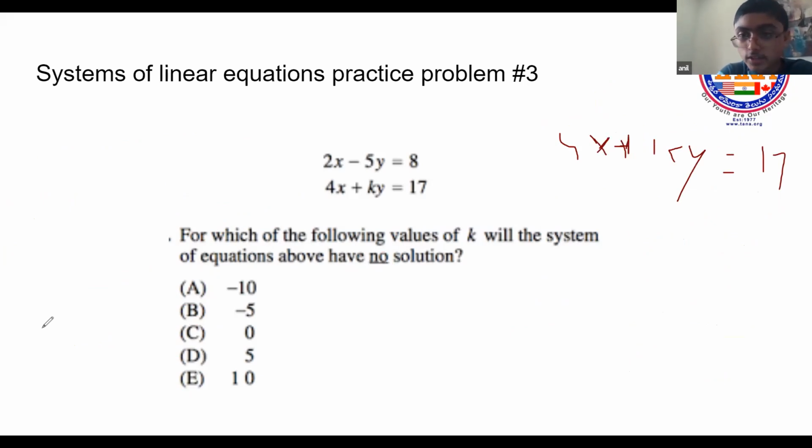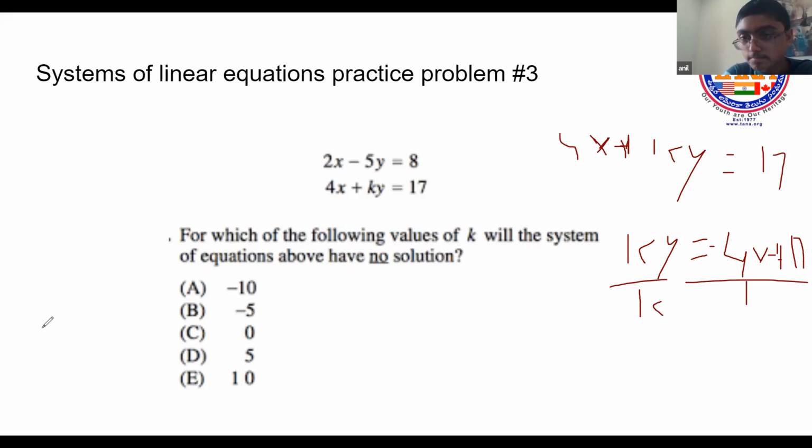Now you isolate for ky. So ky equals negative 4x plus 17. Now you divide by k, so you can isolate for y. Y equals negative 4x over k plus 17 over k.